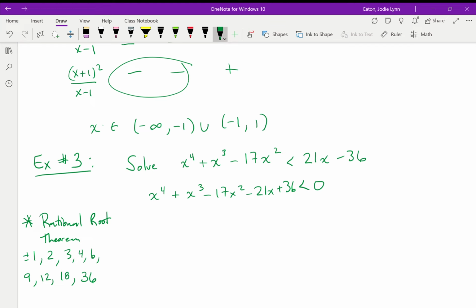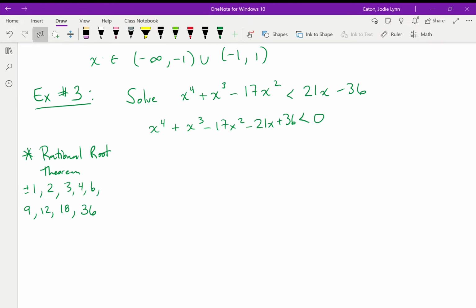So now what we're going to do is just start guessing and checking and plugging some of these in. This is where we are going to use the factor theorem. The factor theorem says if we can plug in a root, a number, and we get 0, then we have a factor of x minus that number.